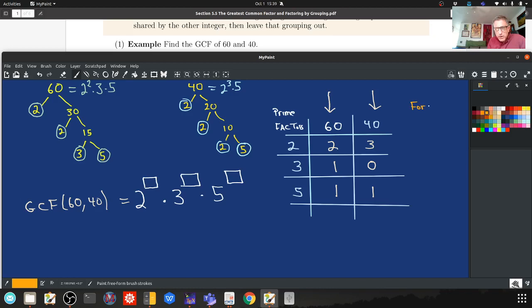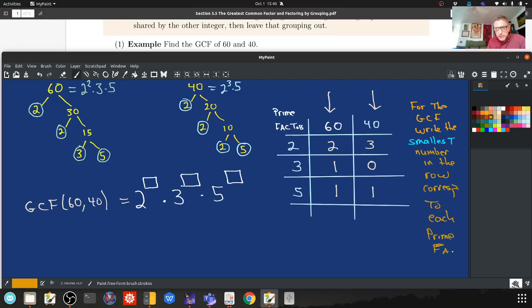For the greatest common factor, write the smallest number in the row corresponding to each prime factor.